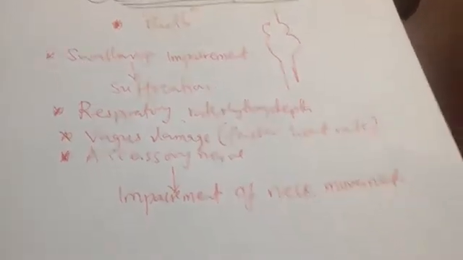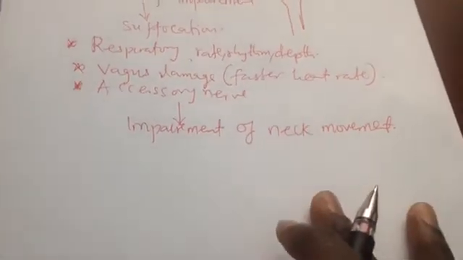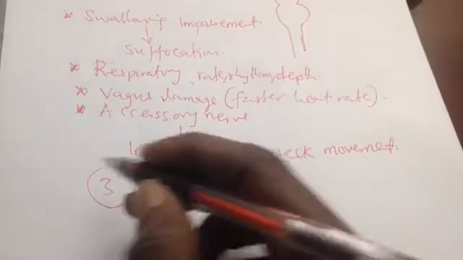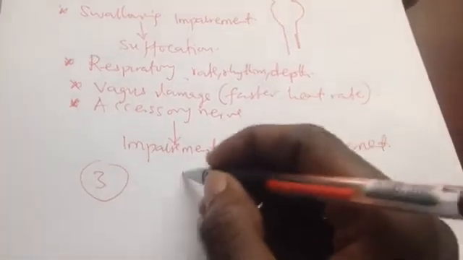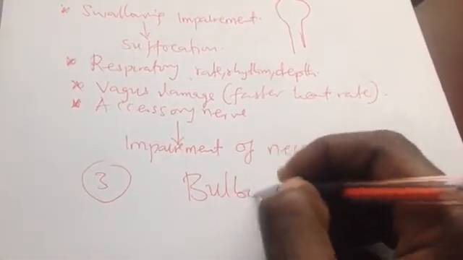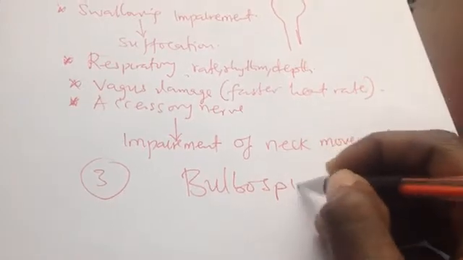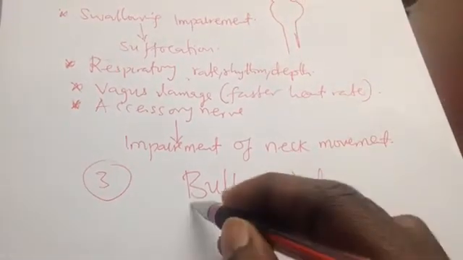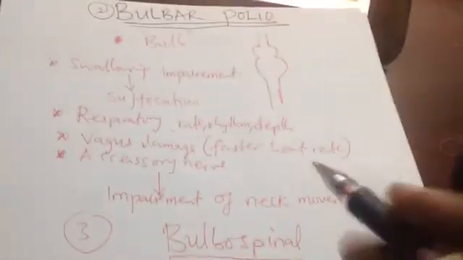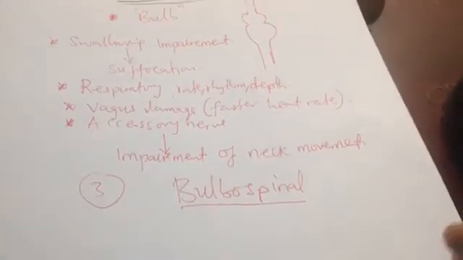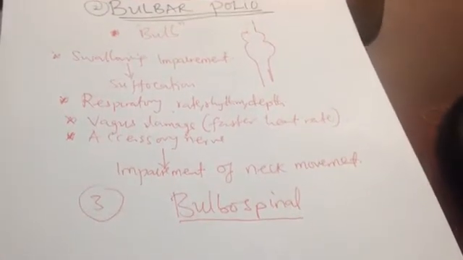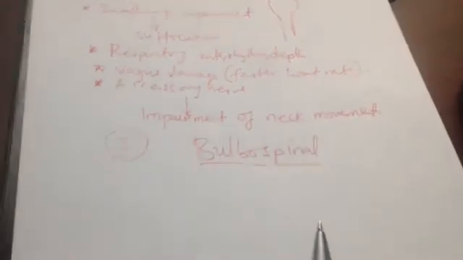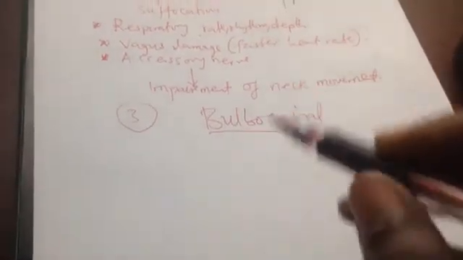Then now we are going to see the third type of paralytic polio, which is called bulbospinal. In bulbospinal polio, the upper part of the spinal cord and the lower part of the medulla oblongata are damaged by the poliovirus.